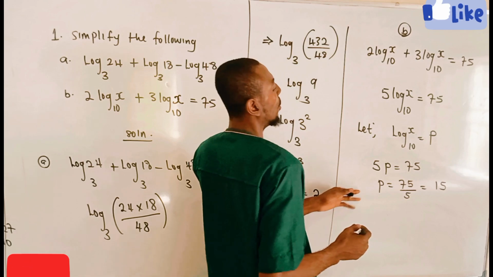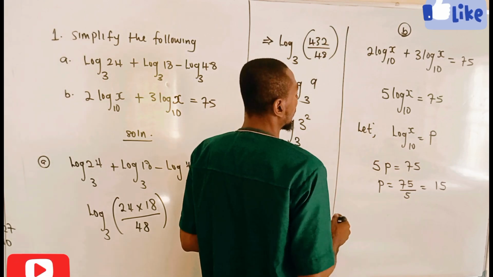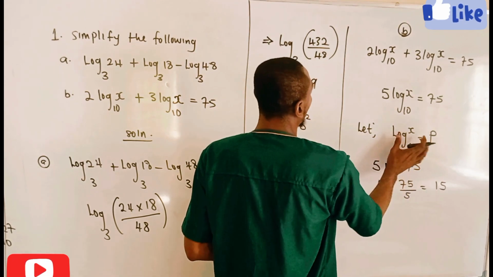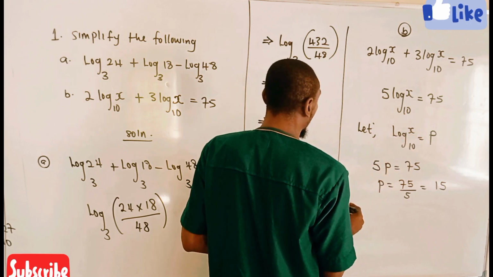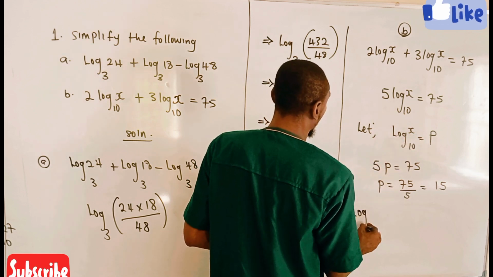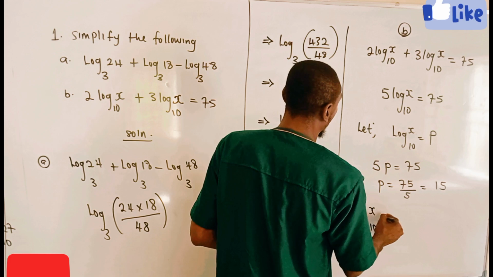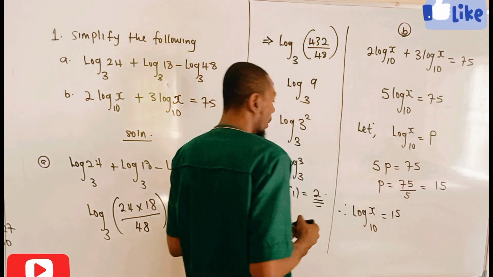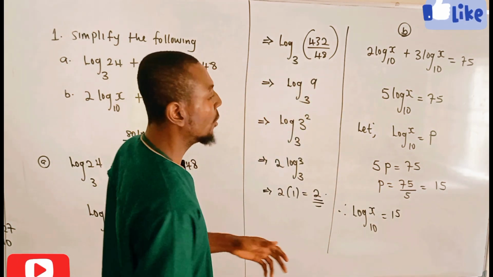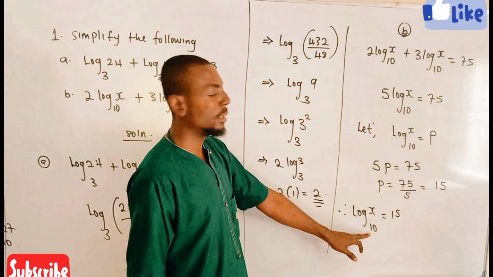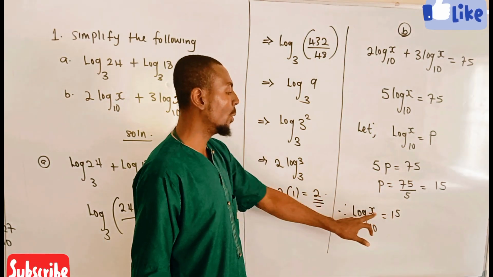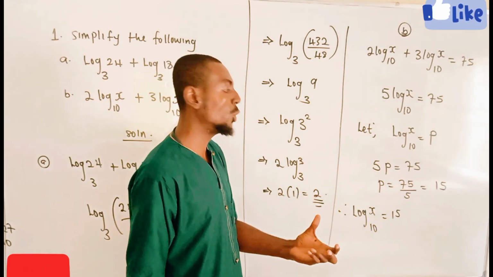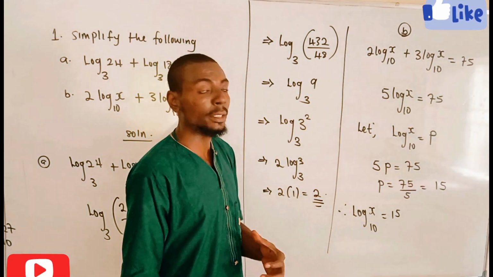Then we can now go back to find the value of x. Since p is equal to 15, we substitute here. We now have therefore the log of x to base 10 is equal to 15. Now according to the definition of logarithm, the base raised to the power 15 must be equal to x. That's the relationship between logarithm and indices.